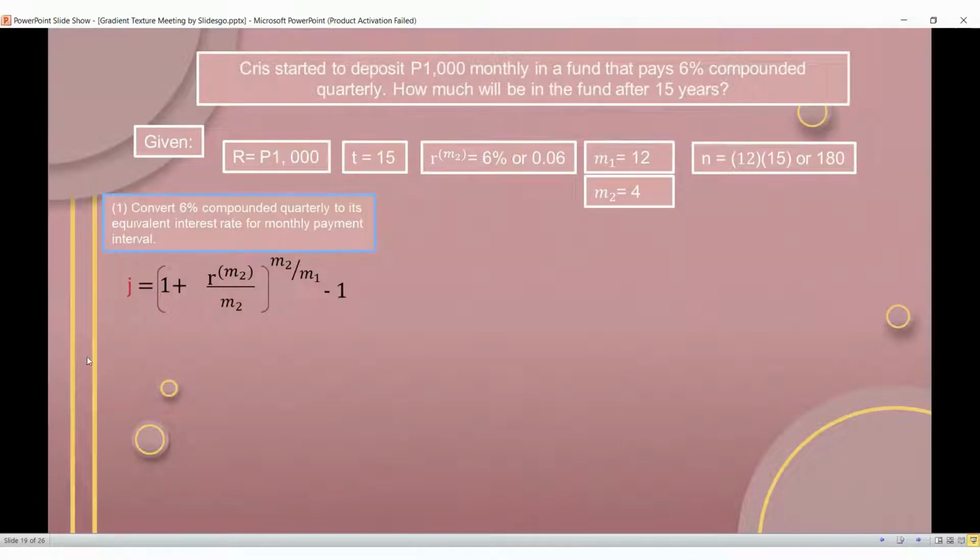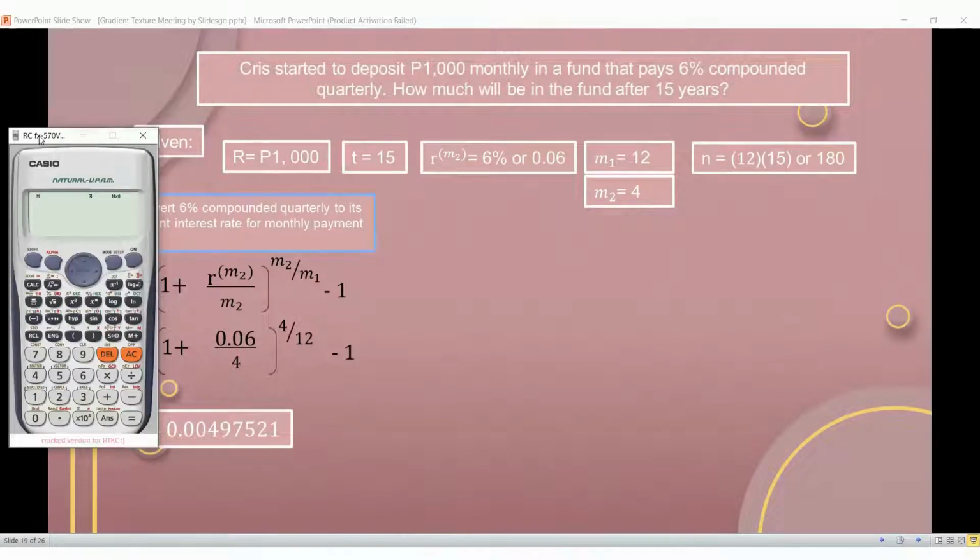Substitute na natin ang ating given. 1 plus r over m sub 2, 0.06 over 4, raised to m sub 2 over m sub 1, 4 over 12, minus 1. So try natin i-solve.